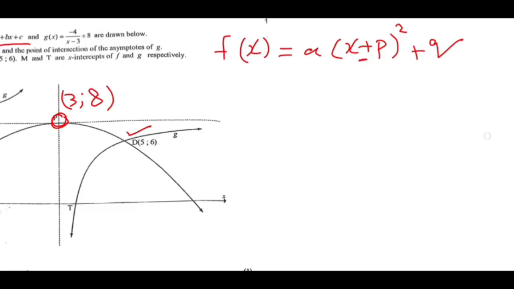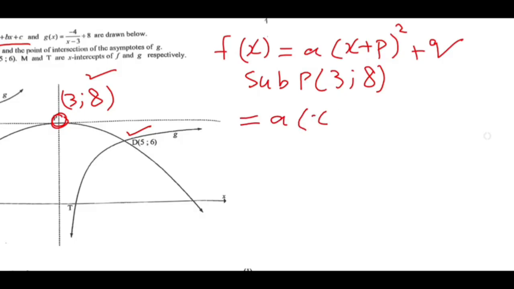Now we're going to substitute this p 3 and 8 into this equation. So we're going to substitute into the f of x. So a times x value is positive 3, x minus 3, we're going to say negative 3 squared, and the q we got is 8.